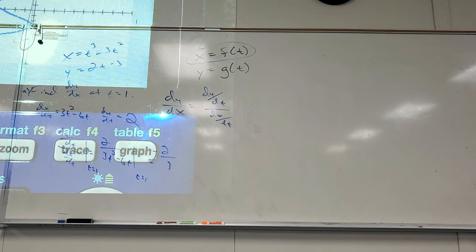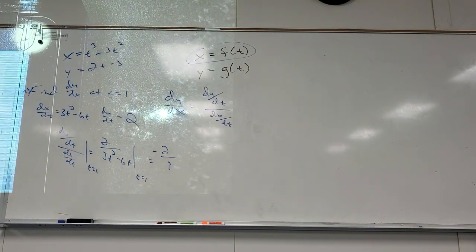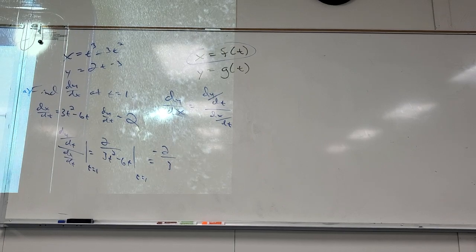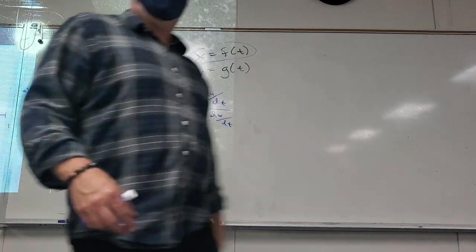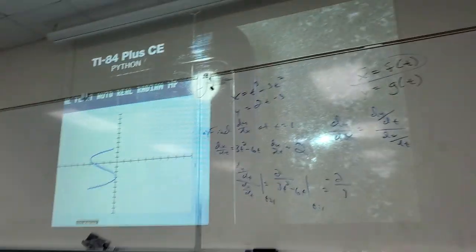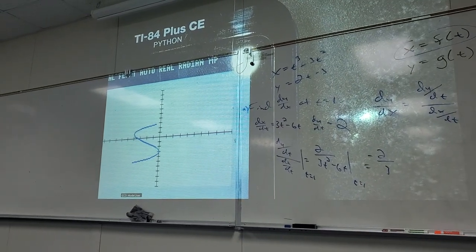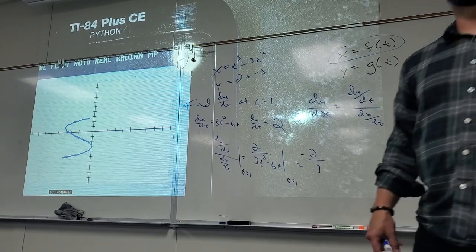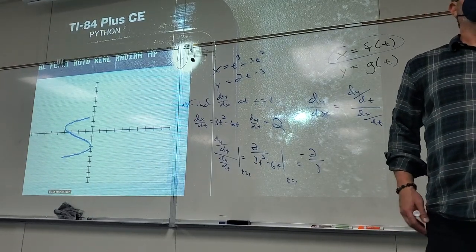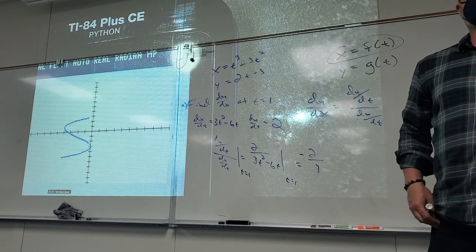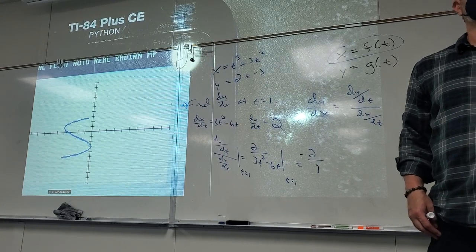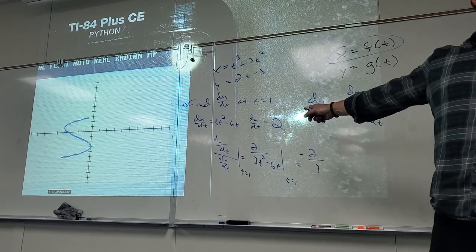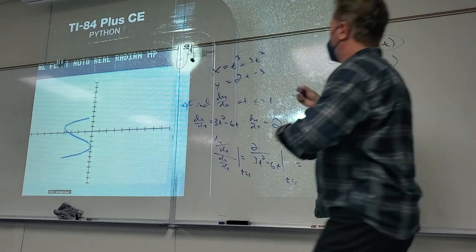Okay, so it's kind of cool. What point are we talking about here, by the way? Which point are we at on this graph? What's the only thing we know? T equals 1. All right, so what's x?